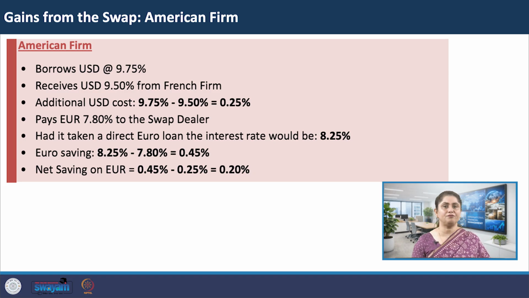So the American firm has effectively got access to euro at a net cost of 7.80% versus the 8.25% it would have paid going direct, while only giving up 25 basis points on the USD side. Now that is a meaningful improvement.